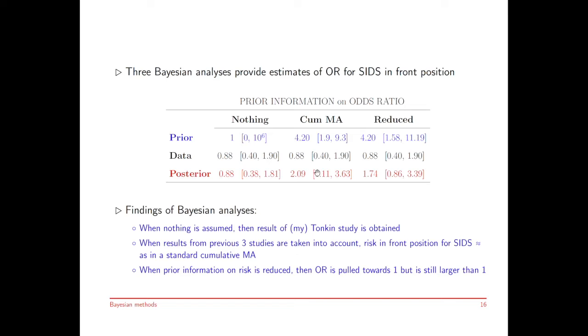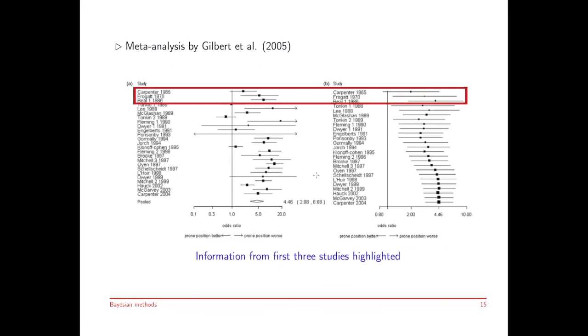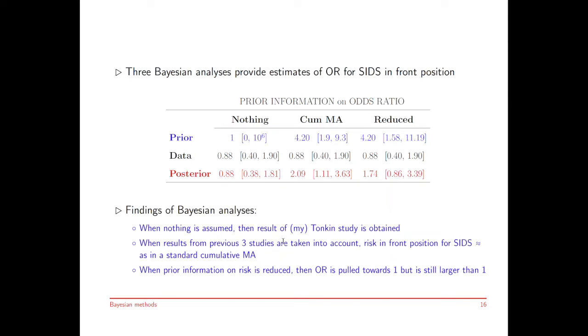So this confidence interval and result is the result that you can find somewhere here on the 4th line. But when prior information on the risk is reduced, then we see that the odds ratio compared to the previous one is pulled towards 1, but is still larger than 1.